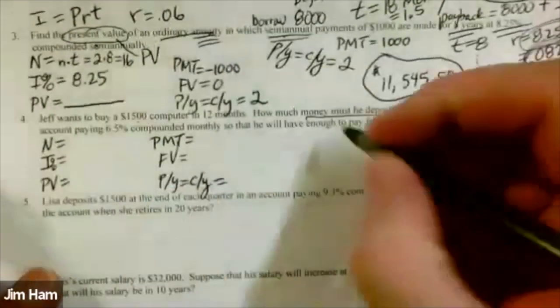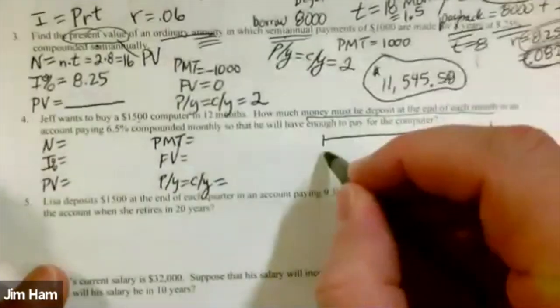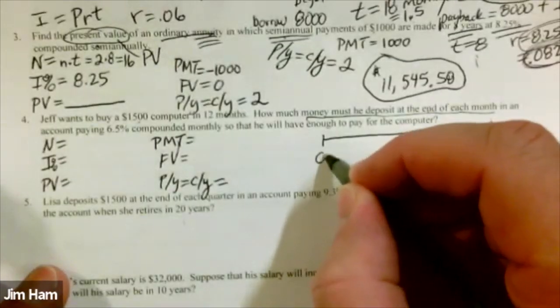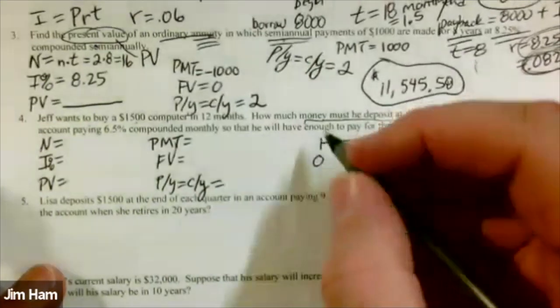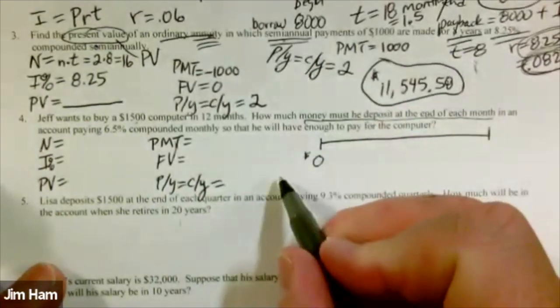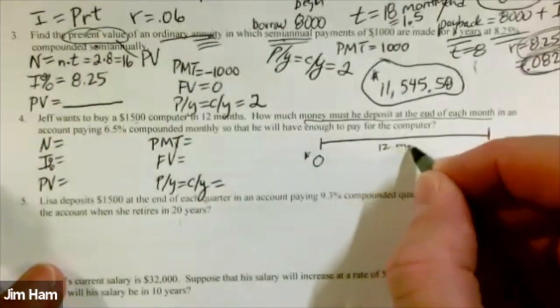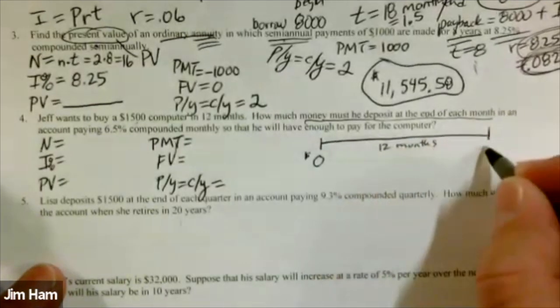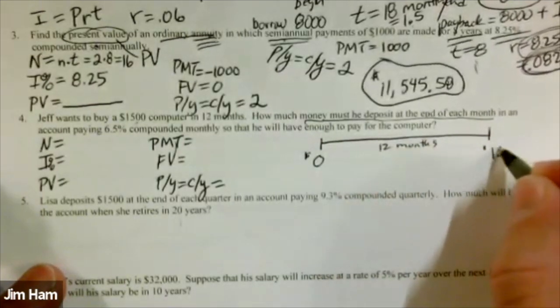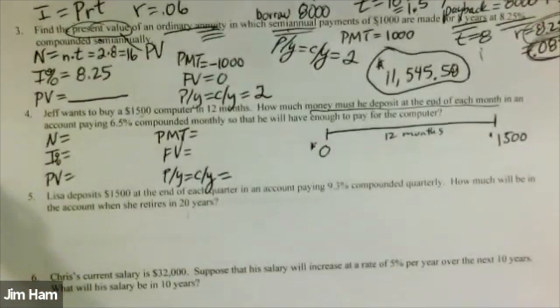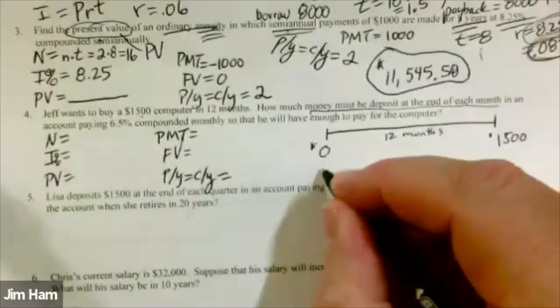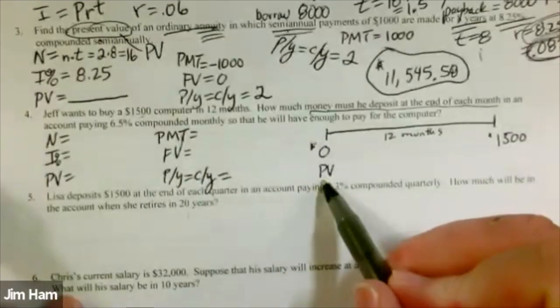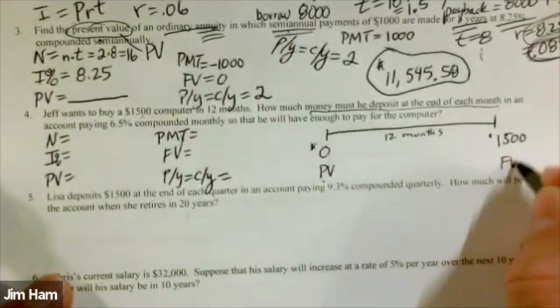So if I do the picture here, and I look at Jeff's savings, at the beginning, he has $0. And then after 12 months passes, he wants to have $1,500 so he can buy that computer. At the beginning, that's the present value, and at the end, that's the future value.